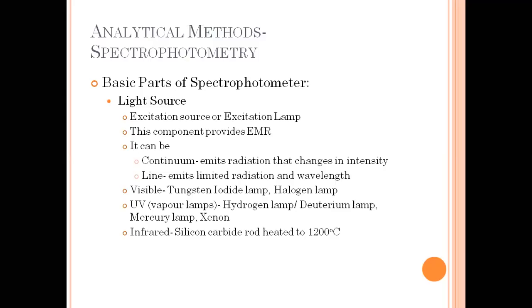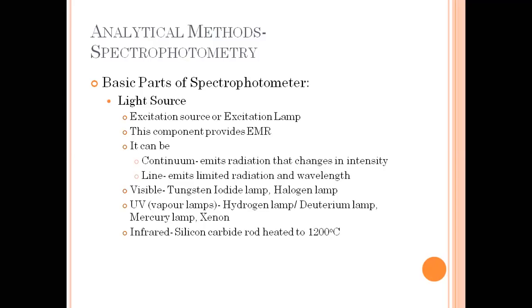Okay? Light, okay, or the source of your light could produce different wavelength. Okay, so it's either producing visible light, UV light, or infrared wavelength. Okay, so visible light or the visible region is provided when you make use of a tungsten iodide lamp or halogen lamp as your light source.